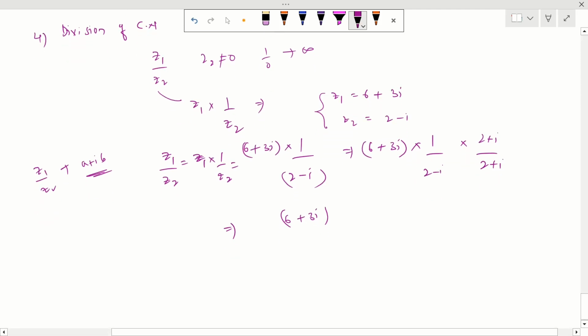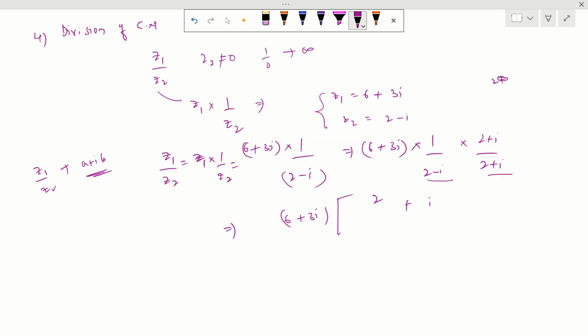Now this 6 plus 3i I am taking outside, and here 2 plus i is there, so I will write 2 plus i here. The denominator is 2 minus i into 2 plus i.